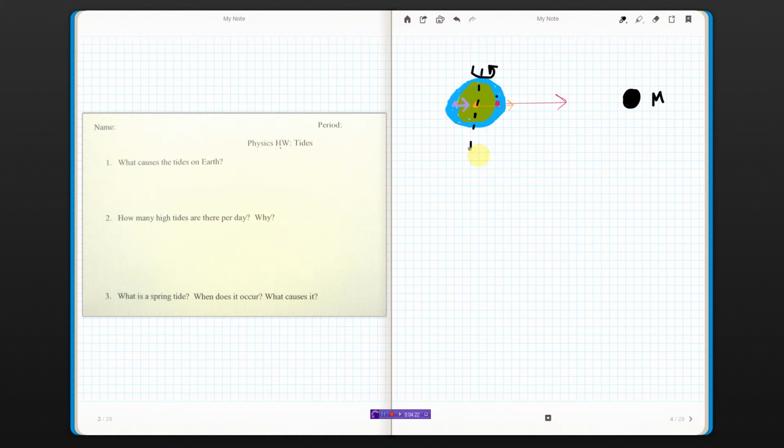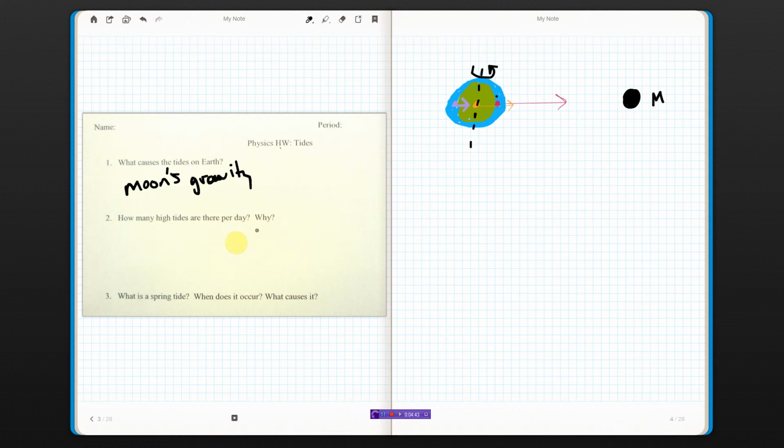So in one spin, which is one day, you're going to be at high tide twice and at low tide twice. So when we come over here, what causes tides on Earth? We're going to say the moon's gravity does it.